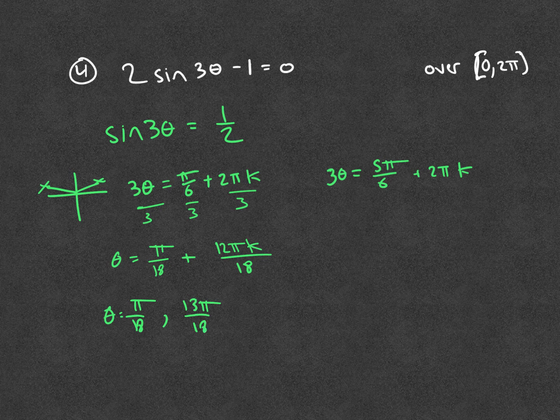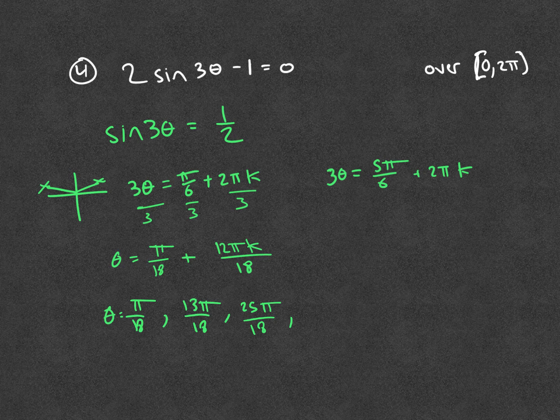If I add another 12, I'd be at 25 pi over 18. And that's still okay. That's still less than 2 pi. Can I add any more? Let's see. 37 pi over 18. Well, 2 pi would be 36 pi over 18. So we're done with this bunch.